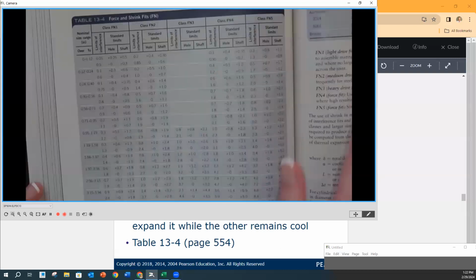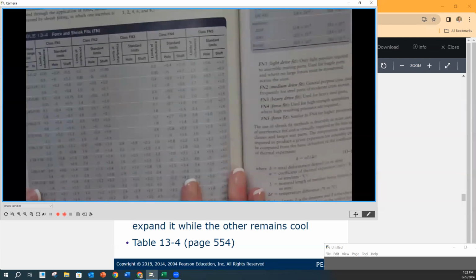Notice that when we have interference here, these numbers are not 0 or negative. Those are the actual values of interference that we have. This is the amount of min and max space that both parts want to occupy.